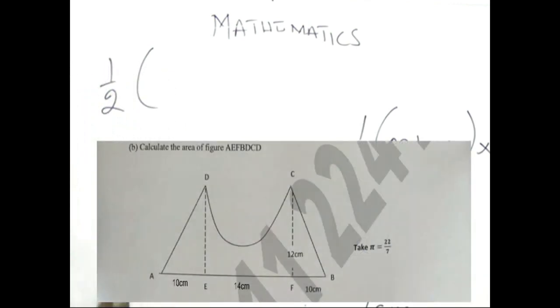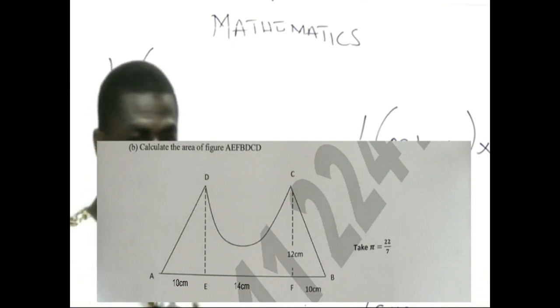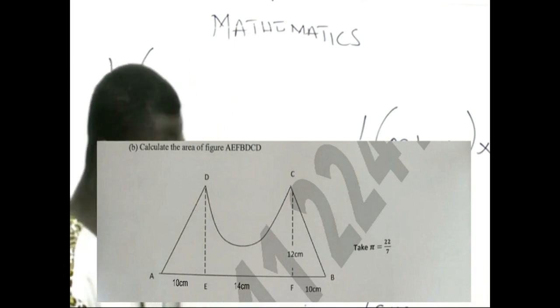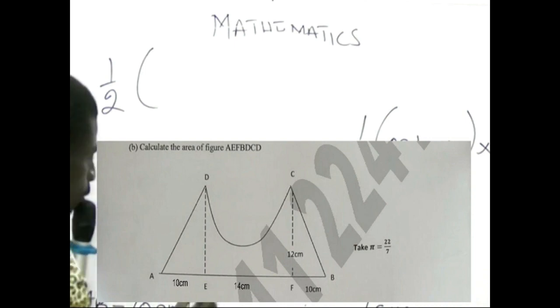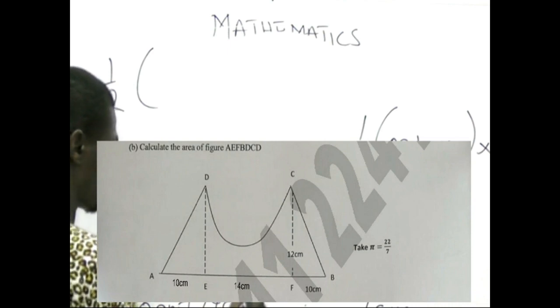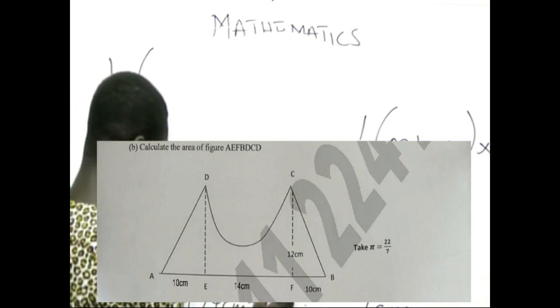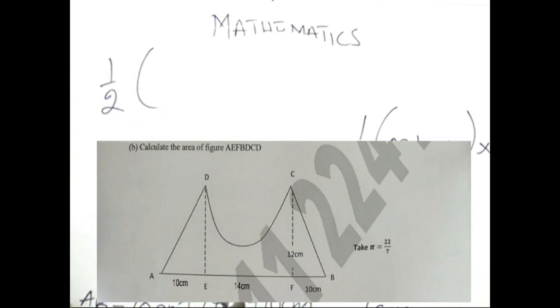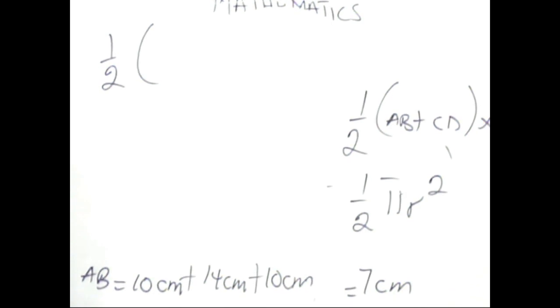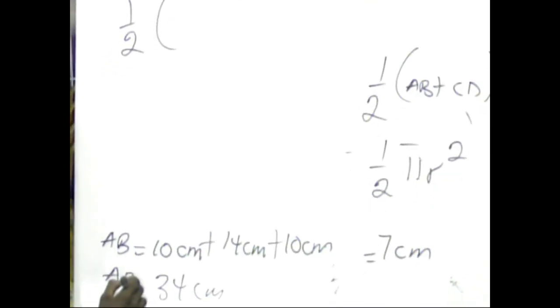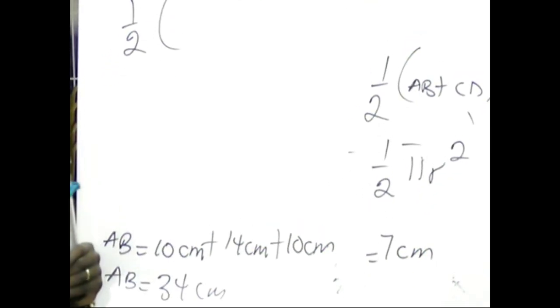So if you are calculating your AB as it has been seen on the screen, then your AB is going to be 10 centimeters plus your 14 centimeters plus your 10 centimeters. And 10 plus 10 is 20, and then 20 plus 14 is 34 centimeters. So your AB is 34 centimeters.